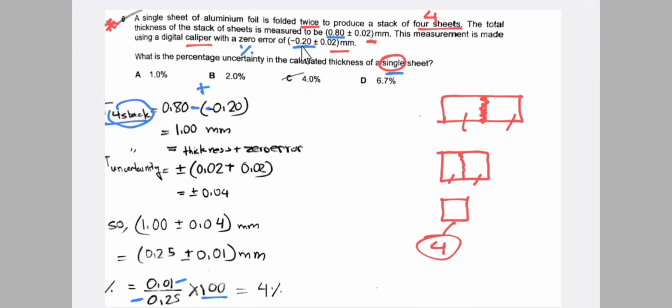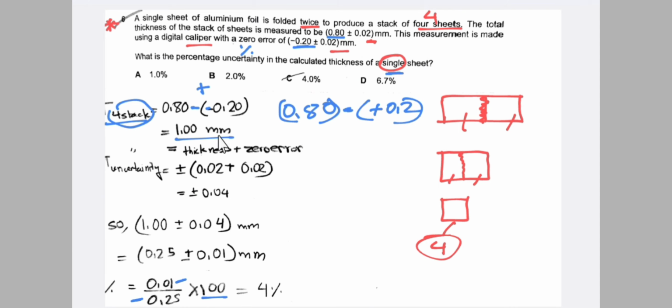So let's suppose if the zero error is positive 0.2, then 0.8 minus positive 0.2. We need to subtract the zero error from the initial reading. So for this case, 0.8 minus in bracket negative 0.2, that is a positive value.